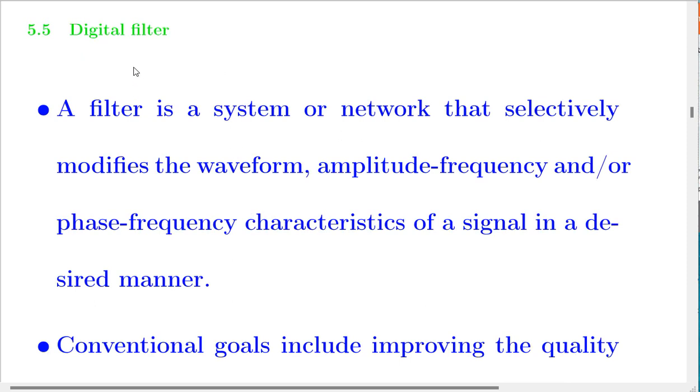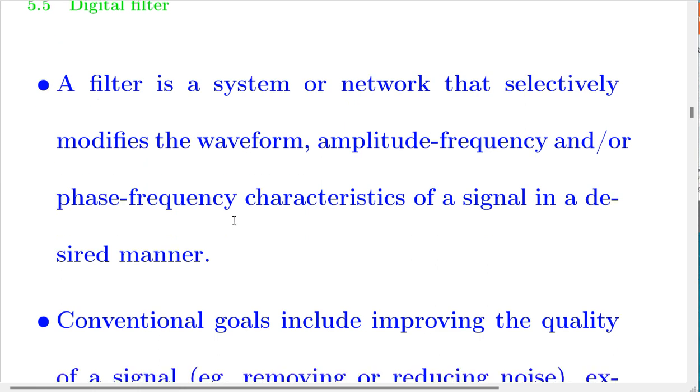Now, digital filter. A filter is a system or network that selectively modifies the waveform, amplitude, frequency, and/or phase frequency characteristics of a signal in a desired manner. Right.